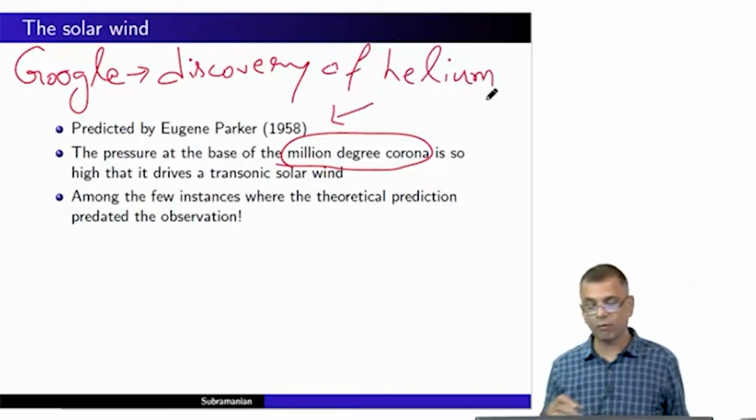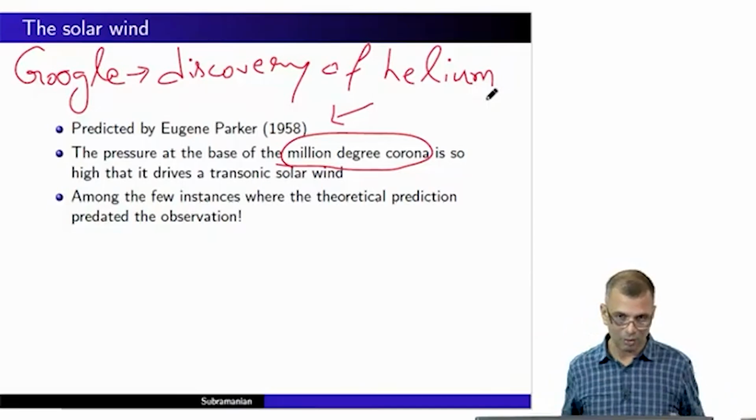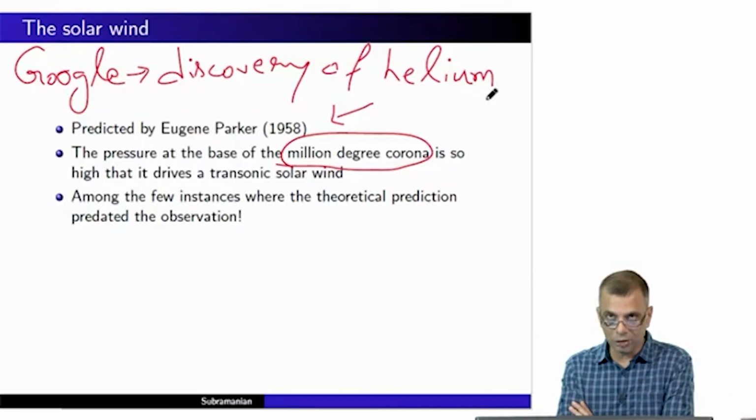If you Google this, you will find several interesting pieces of information, and you will also find out that helium was discovered using data from a solar eclipse that was observed at Guntur in Andhra Pradesh in India, by a French astronomer called Jules Janssen, if I am not mistaken.